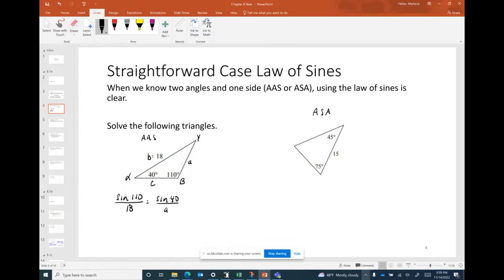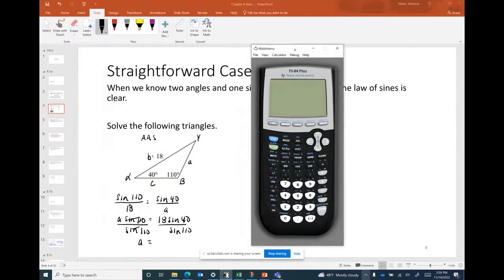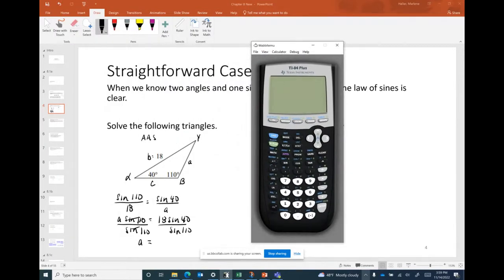We can use cross products to solve this equation. So we'll get A times the sine of 110 equal to 18 times the sine of 40, and then divide both sides by the sine of 110. That divides out here, and we can determine the length of side A. So that's going to be 18 times the sine of 40. Let's see if I can wake my calculator up.